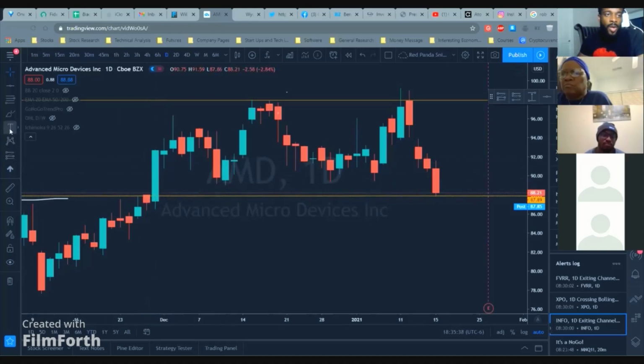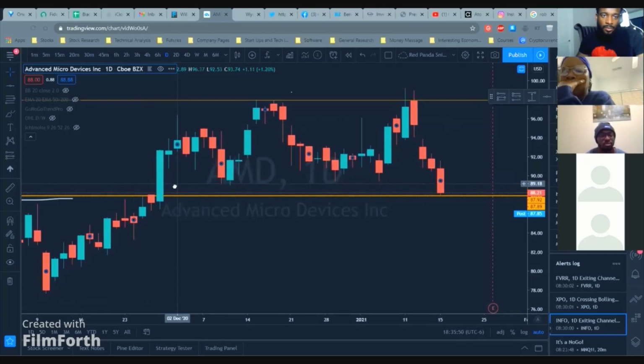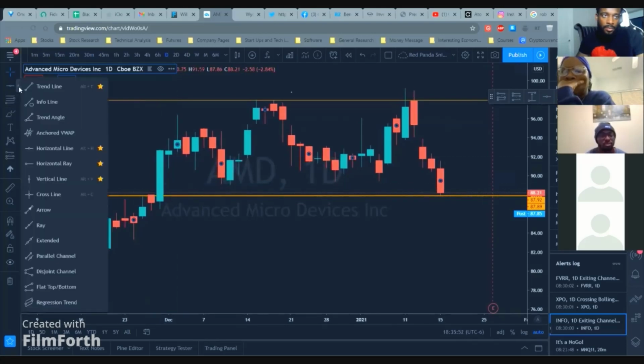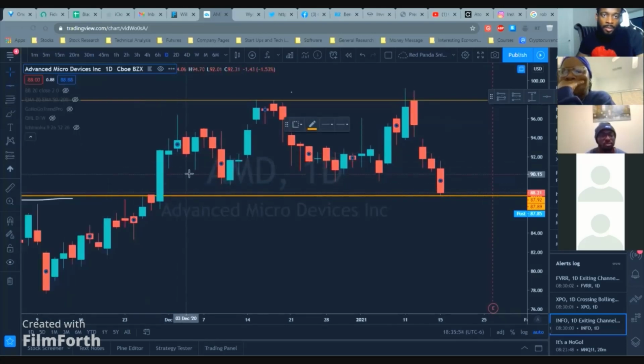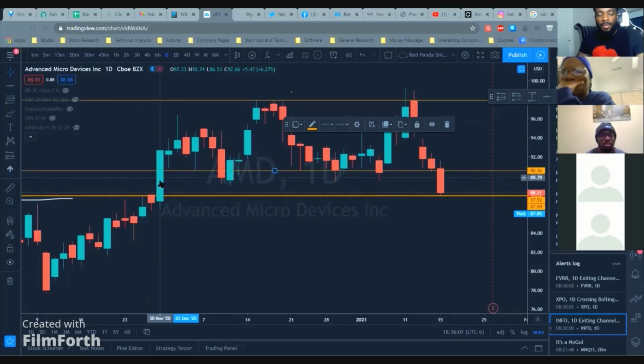And the reason why that's also the case is because now you have what's called an imbalance. An imbalance is basically when you have nothing else but one price action taking place.